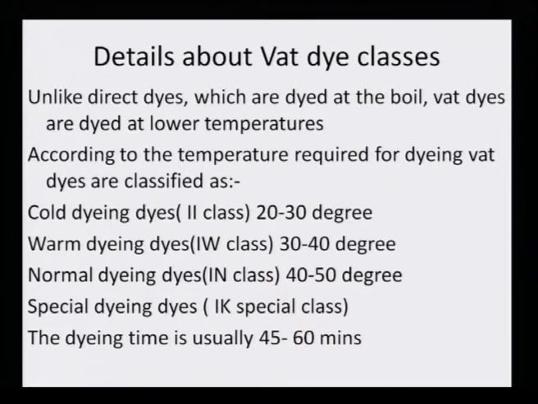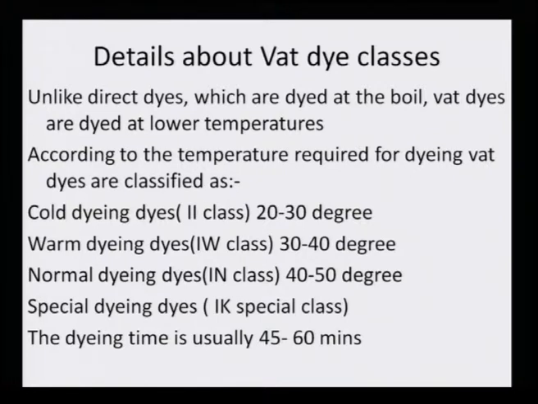According to the temperature required for dyeing, vat dyes are classified as cold dyeing dyes, which is class IC, and for this class we just require 20 to 30 degrees, or room temperature. Warm dyeing dyes, which is the IW class of vat dyes, require 30 to 40 degrees only.